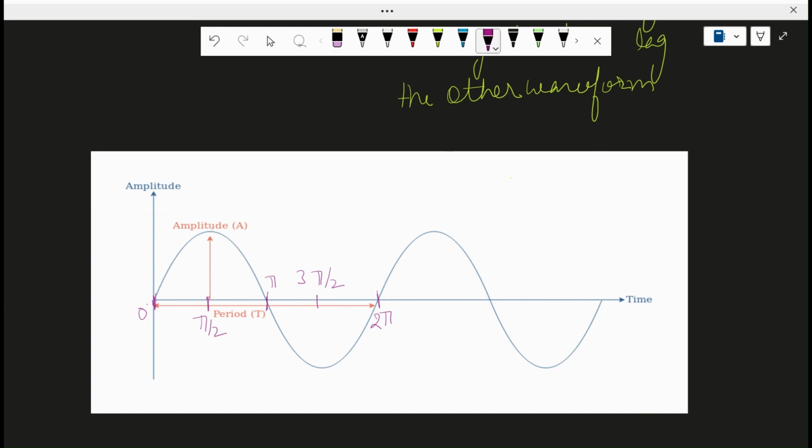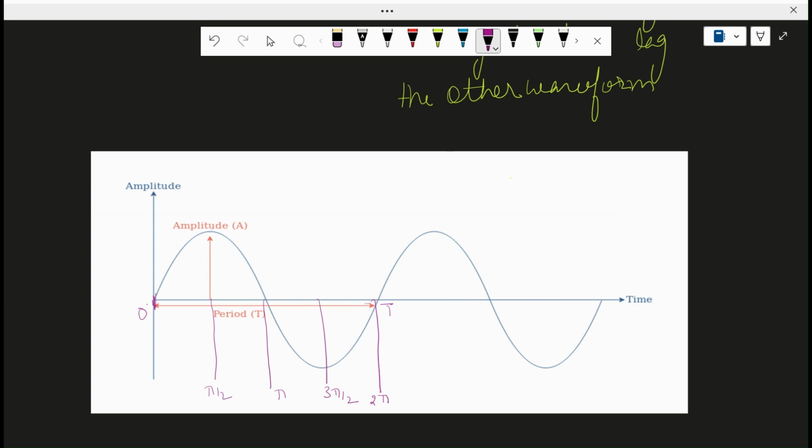Now let me take another wave. Let me mark them again. Let us mark this pi by 2, this as pi, this as 3 pi by 2, and this as 2 pi, and here is our total time, that is the time period.